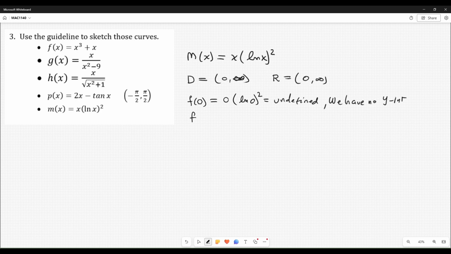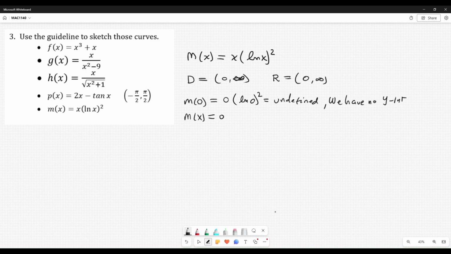X-intercept. F of x. In this case, no f. Sorry, it's m, the negative function. Okay, let me erase the letter. No f anymore. It's m. M of x equals 0. Then logarithm x times ln of x squared equals 0.